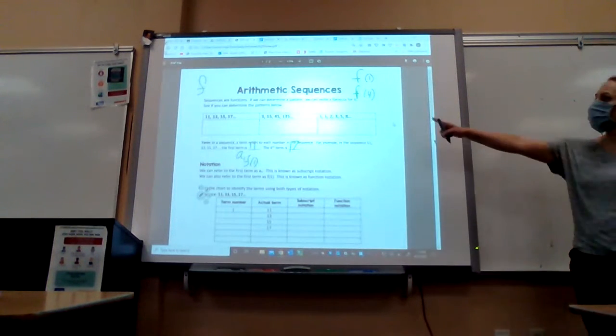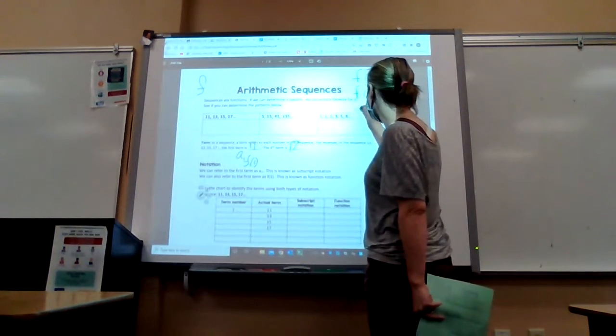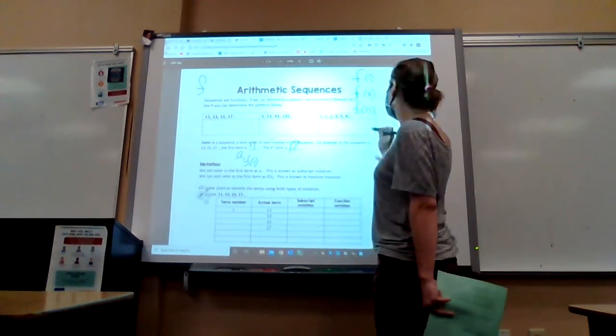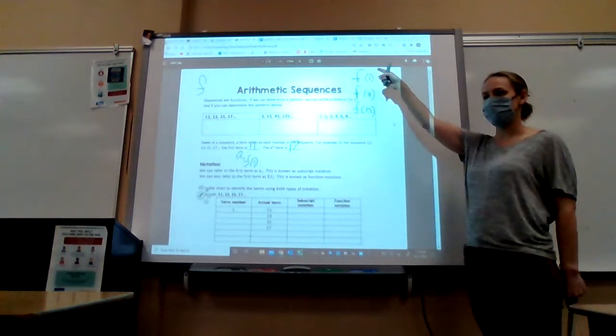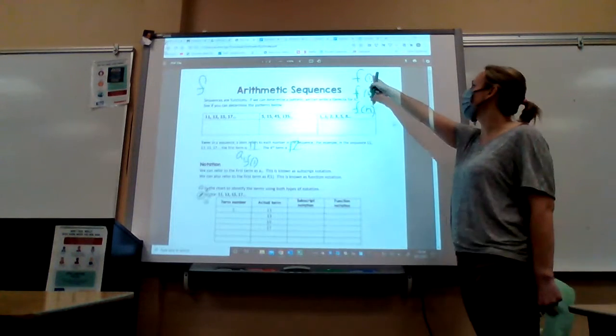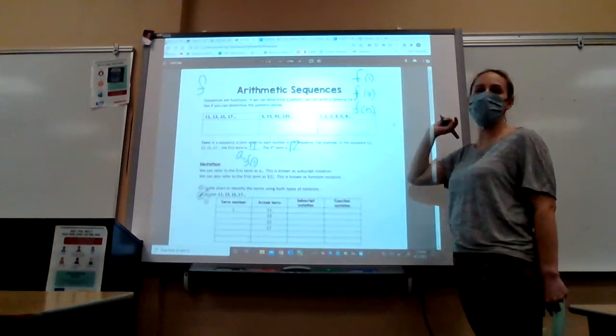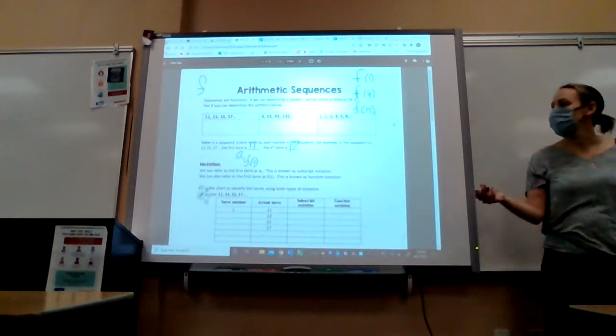Okay. So you might also see f of n, right? And that would be the nth term. So this tells you what term it is. This is called f of 1, f of 4, f of n. That's how you say it. It's just a different notation.